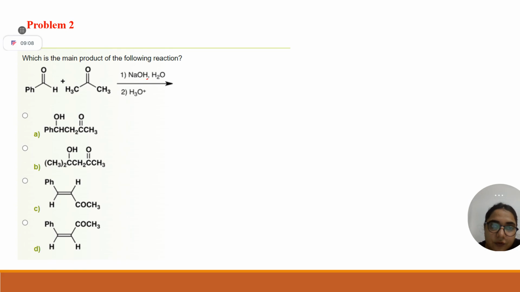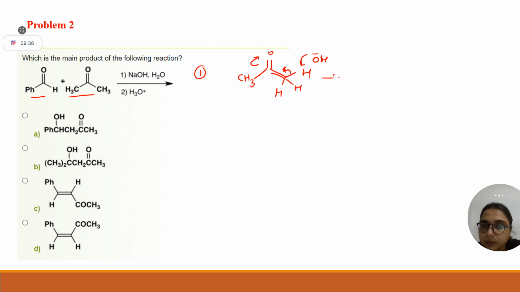Again, in the first case, your base is there, right? So the base can't abstract a proton from this aldehyde, so it will abstract your ketone's alpha hydrogens, CH3COCH2H. So the base will come, abstract this proton, and make your enolate, O negative.